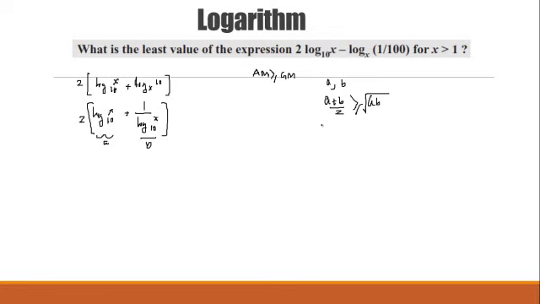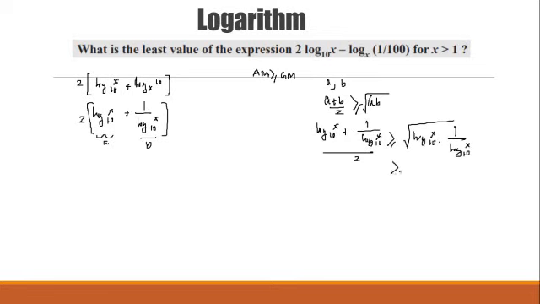From this property, if one number is log of x base 10 and another number is 1 upon log of x base 10, then these two numbers whole divided by 2 should be greater than or equal to under root of log x base 10 multiplied by 1 by log x base 10. It's a into b.